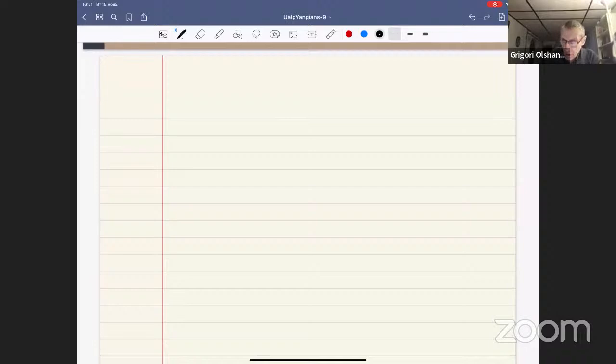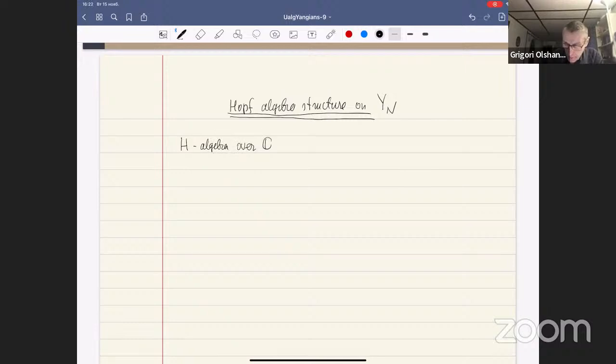So let's continue the discussion of the Hopf algebra structure on our Yangian. I recall the Hopf algebra structure assumes that we have an algebra H, say over the complex numbers.